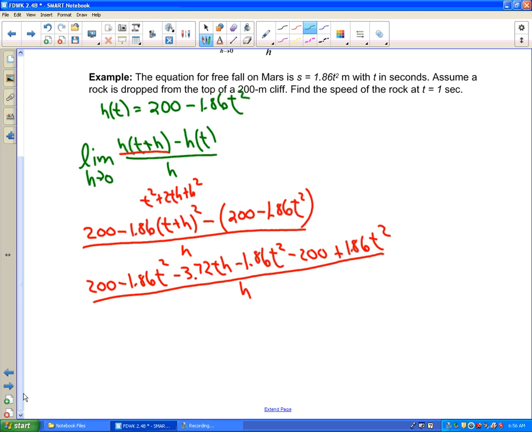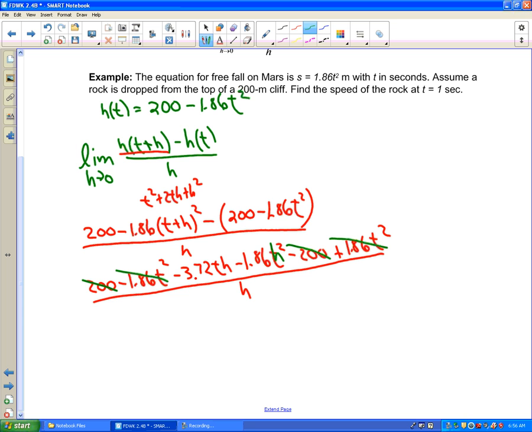Now looking through here, we have 200 minus 200 makes 0. And a negative 1.86 t squared and a positive 1.86 t squared makes 0. So we're left with this expression in the center. And there's something wrong here. This last term should be an h squared.